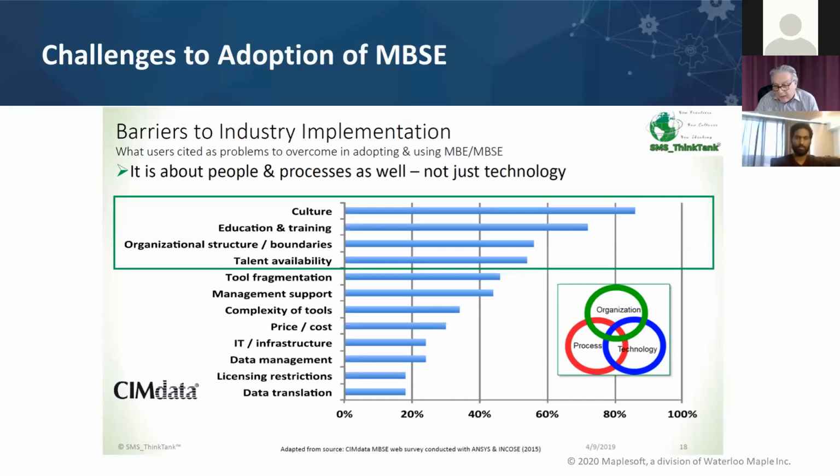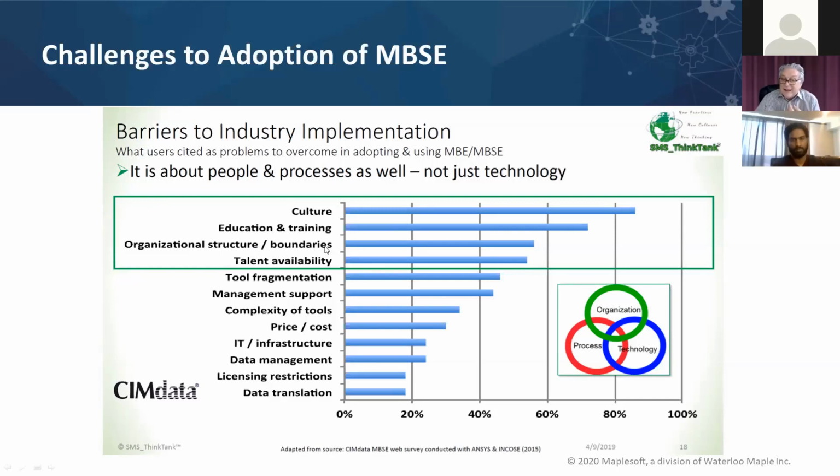I want to put this slide up from SimData, who have done quite a bit of investigation into this market. What we're seeing is that there are a lot of hurdles that need to be overcome in dealing with company culture, education and training, organization, and so forth.